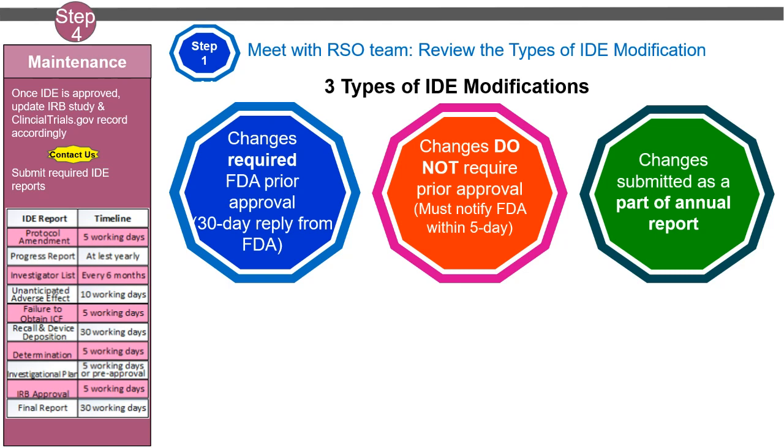The second one, this is another submission route via amendment notice to the FDA involving a timeline requirement of no later than 5 working days after making the changes. And the third, submission of IDE modifications included as a part of the annual report or progress report, which happens at least once a year.